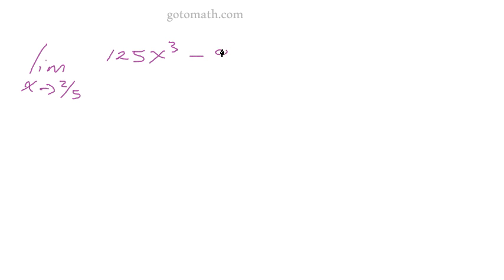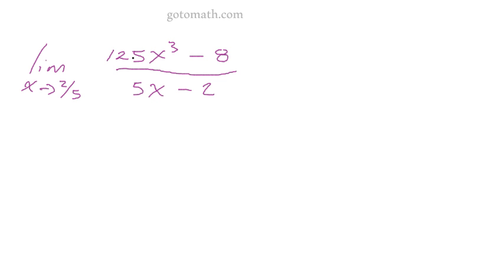I think it was 8, because that'd be 2 cubed, over 5x minus 2. And like I said, if we do the direct substitution plugging 2/5 in, we end up getting 0 over 0. So we're going to need to factor this.